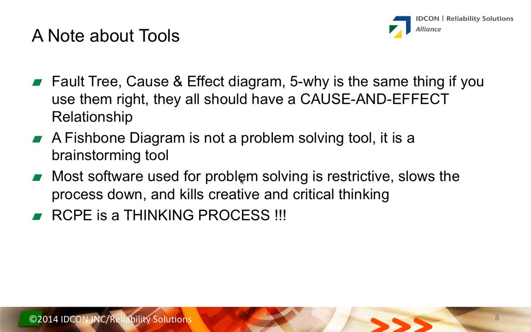The important thing to understand is this is a thinking process, and some of these software tools actually get in the way of good thinking. We need to try to encourage our craftspeople, everybody within our organization, to use this sort of mental process. And the good news is that if you do that, then people are thinking a certain way as opposed to being slaves to the tool.